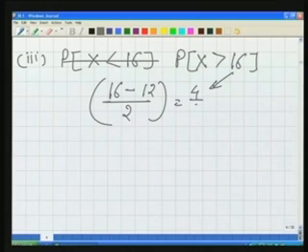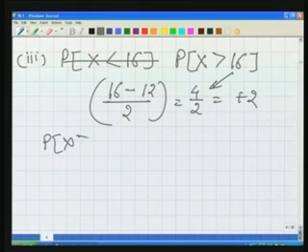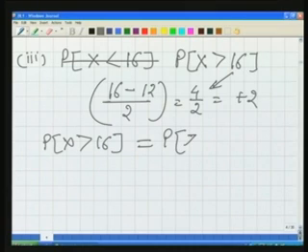So, 4 by 2, plus 2. That is the standard normal value corresponding to 16. The probability that x is more than 16 is the same as the probability that our standard normal variable is more than plus 2.